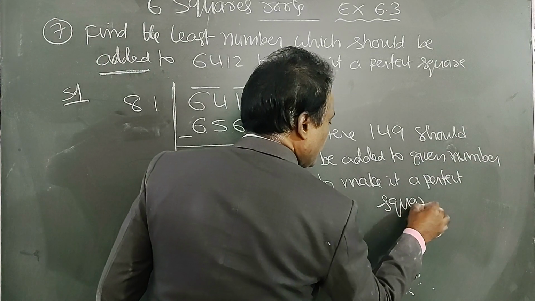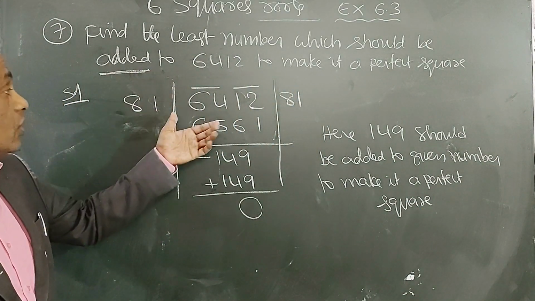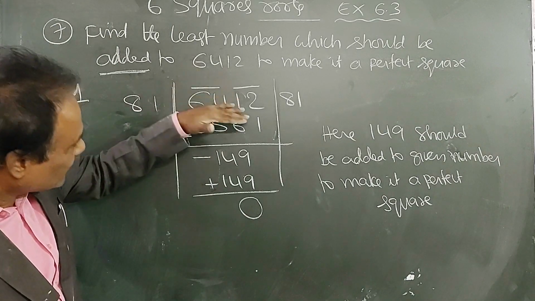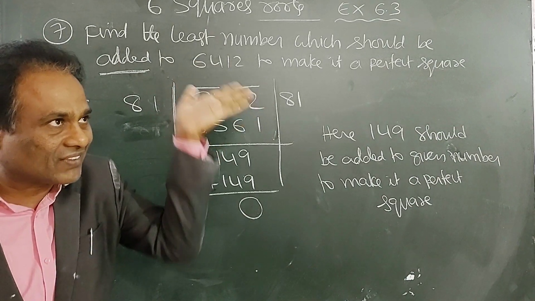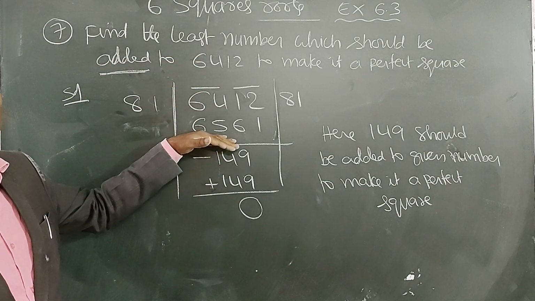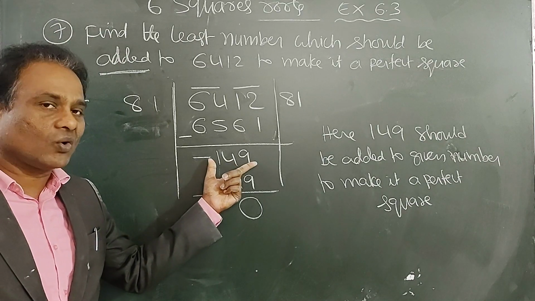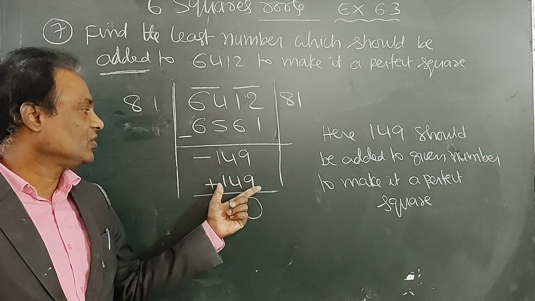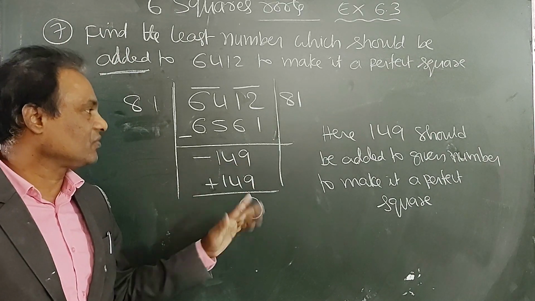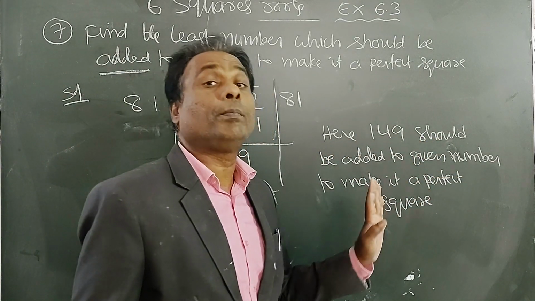This is also a little difficult to understand, students. Subtracted means you have to take a number less than 6412, you don't exceed that number. What should be added means you exceed. So minus 149, to make it 0, plus 149 is added. So 149 should be added to the given number to make it a perfect square.